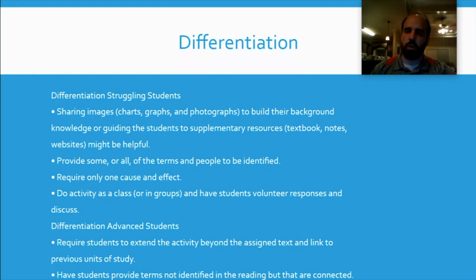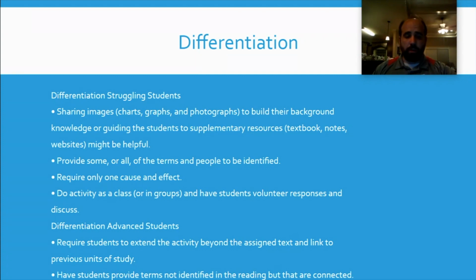You might provide some or all of the people, a cause, and then have them come up with an effect. Limiting some of that, chunking the strategy again. Doing the activity in groups. Again, I do, we do, you do. Just explicit instruction. Go with that model.